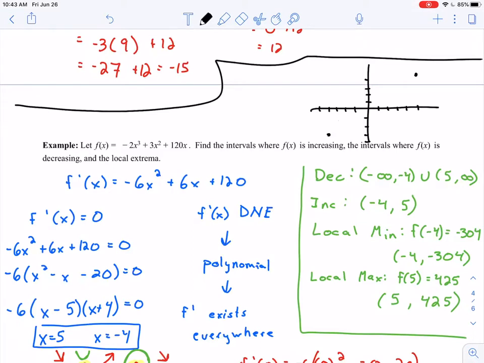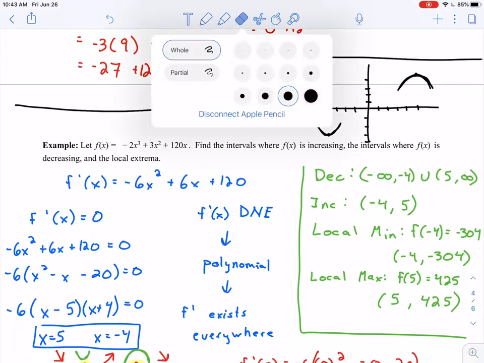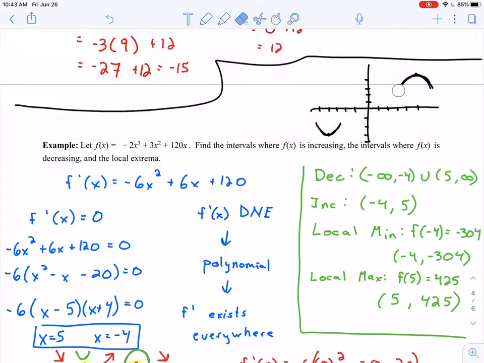We might adjust it just a little bit, and then a maximum over here at positive 5. Again, I should have that nice round top with a horizontal tangent line. We may need to do a little bit of adjusting here. It looks like we've got a ways to go, so let me fix this up.